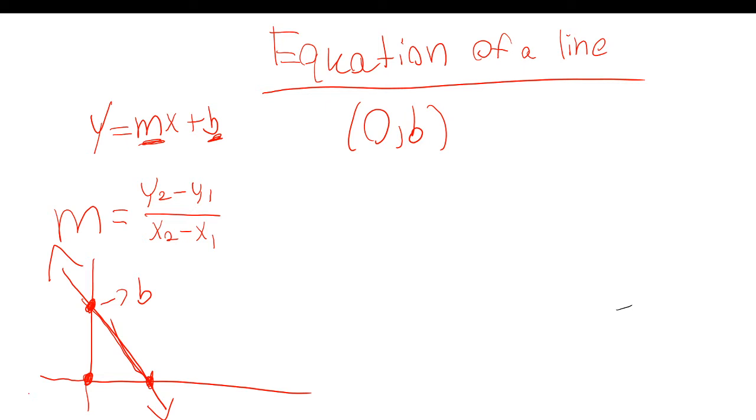So b is your y-intercept. The x-intercept has no special variable, but if we want to call it a, then it's going to be in the form (a, 0). There's no special place for it in the equation of a line or basically anywhere in analytic geometry.